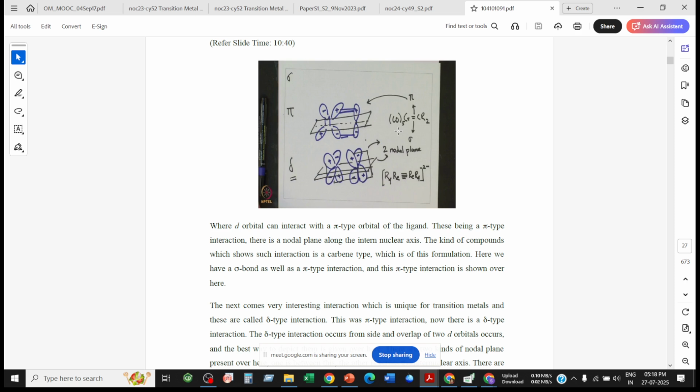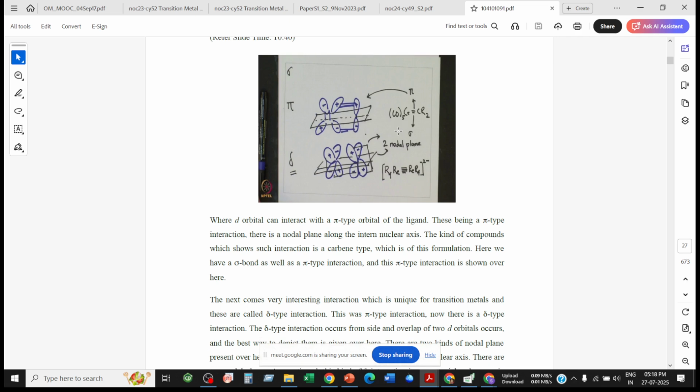So the convention is that when you form the sigma bond, it should be along the z axis. Only in that case can we determine that dxz and dyz form the pi orbital, whereas dxy forms the delta orbital. Is the orbital picture clear? Next day I will discuss this orbital interaction in detail.